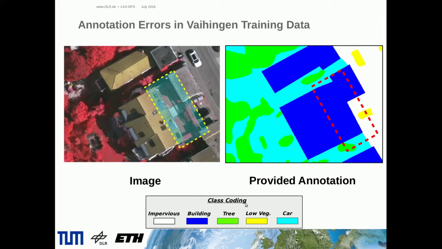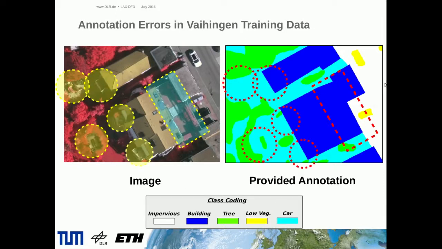Here, if you look down in the labels, I made a mistake. Low vegetation should actually come with the car color, and the car color should come with low vegetation. So these two labels are vice versa regarding the color, but you can really see the problem here. And of course, this is not the only problem.